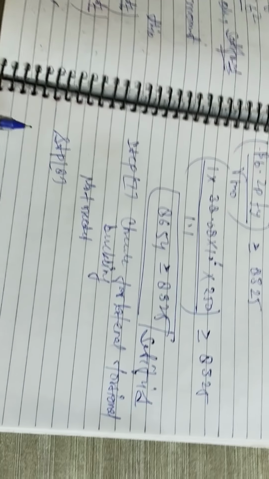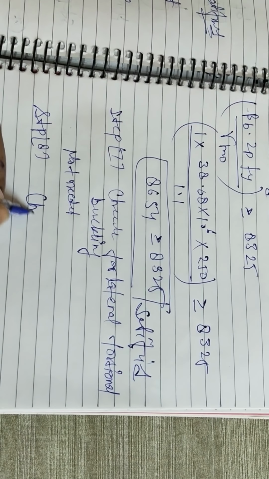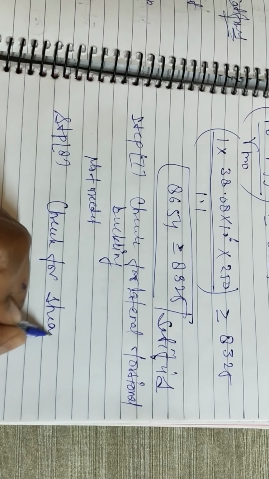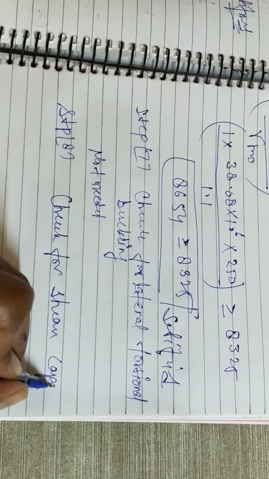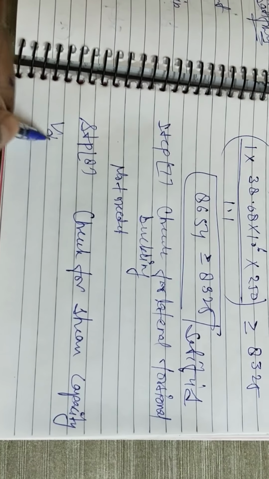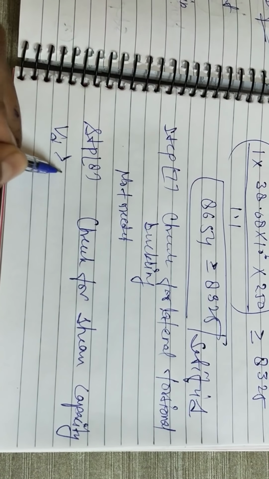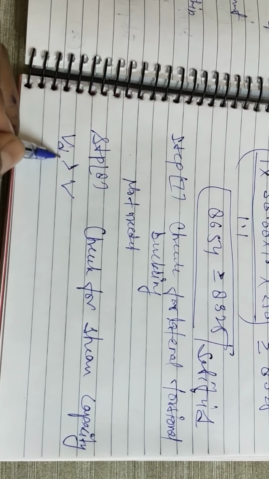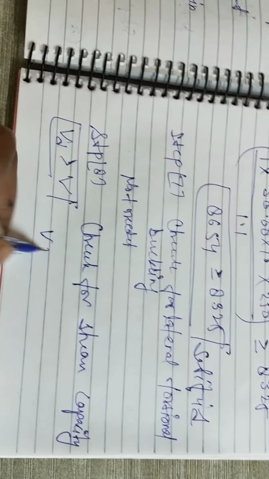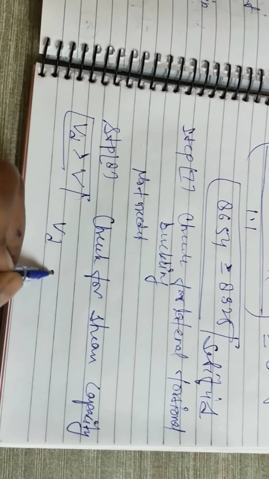And what is step number 8? Step number 8 is check for shear capacity. And we know shear capacity Vd should be greater than V. So we will find out Vd at first, and capital V is known.